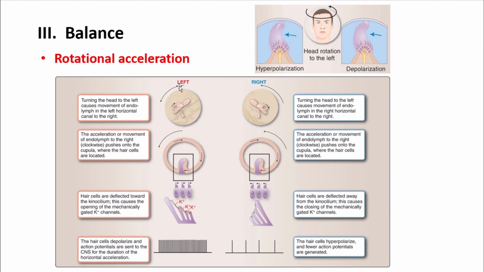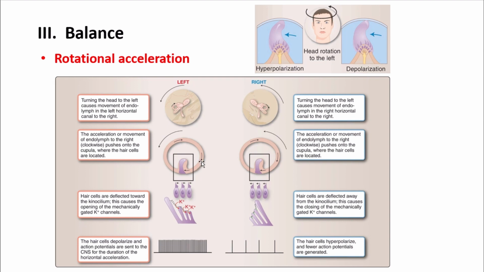You have the semicircular canals on the left side, and you have this on the right side. When you move your head, the fluid in the semicircular canals moves in the opposite direction.